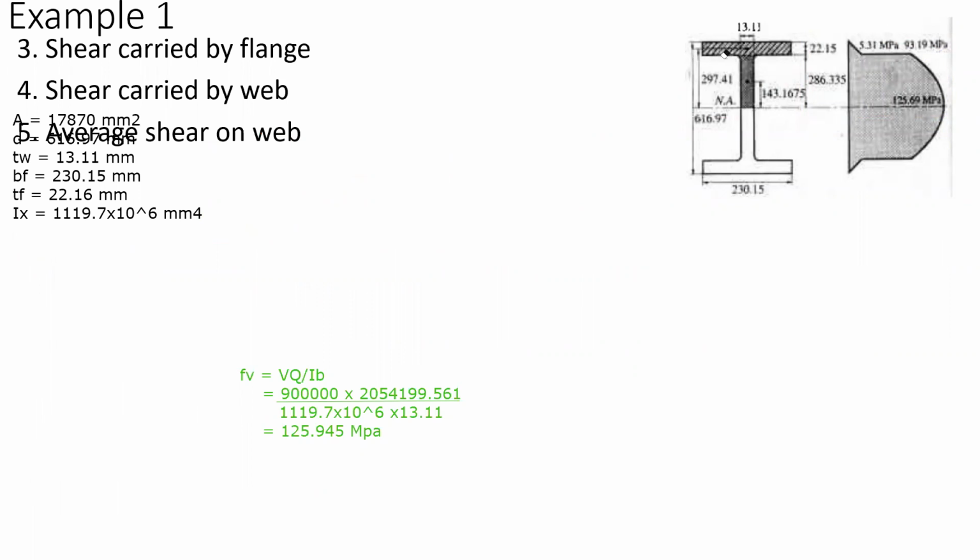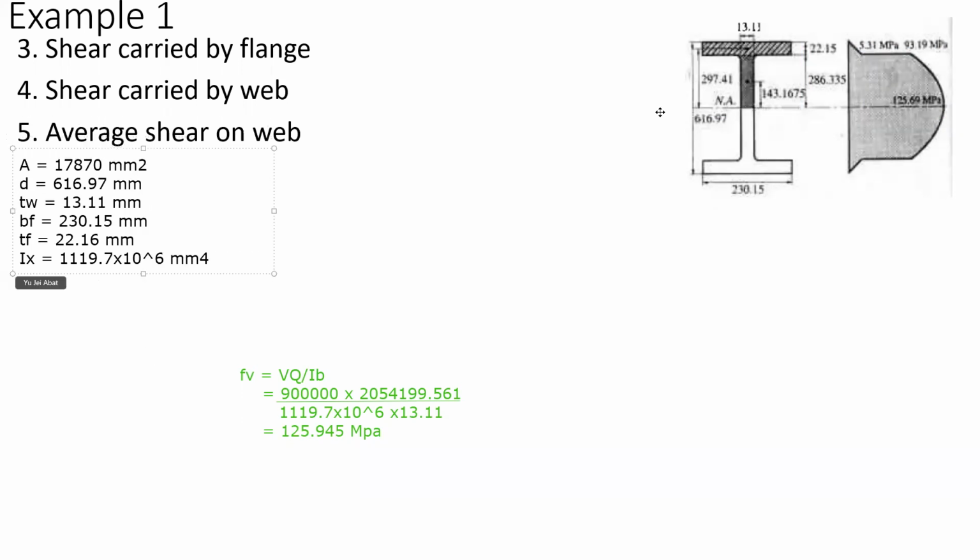And then at this connection from 5.31, aakyat to ng 93. And then our shear at the neutral axis is 125. Ito na yon. And that's it. Okay. So let me erase this. And let's continue with number 3.